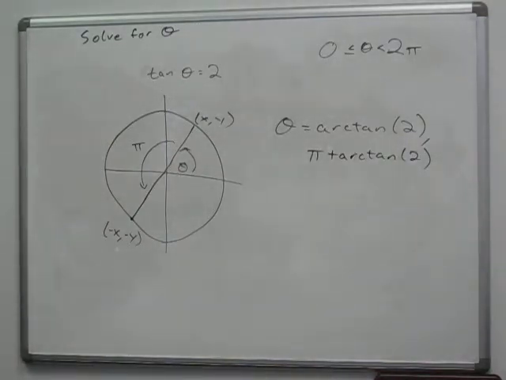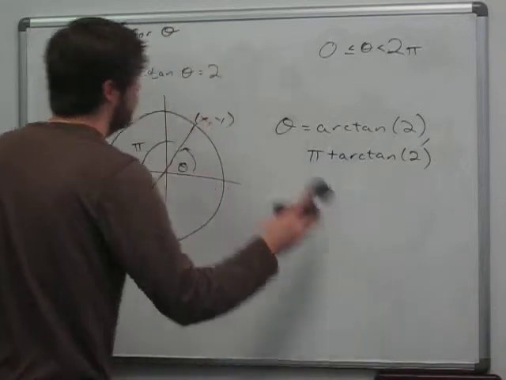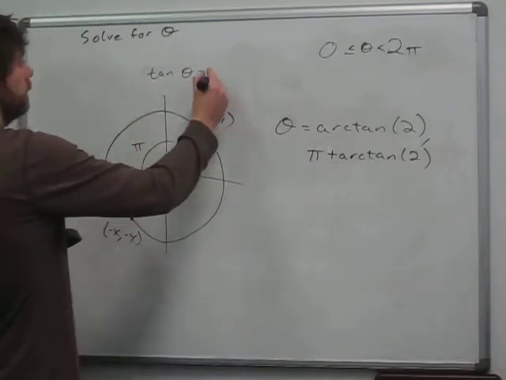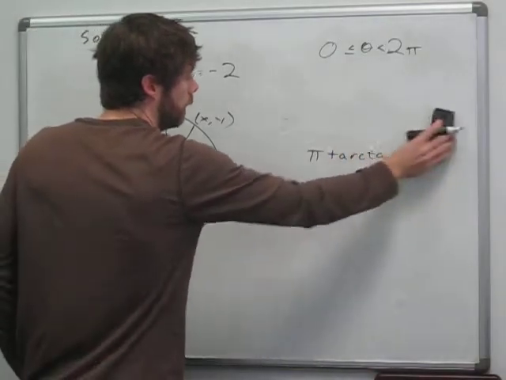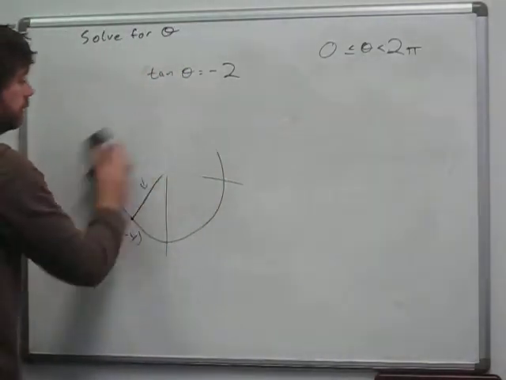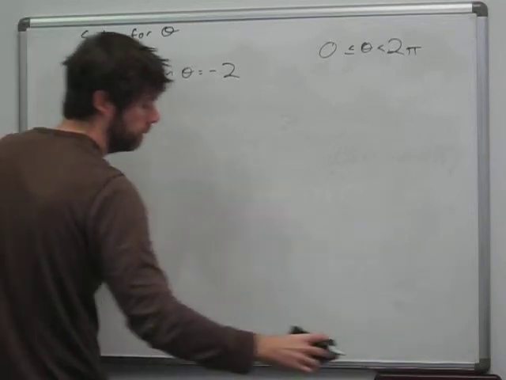Okay. So let's try one more. Let's look at a tangent value of negative 2, where theta, again, ranges from 0 up to 2 pi.